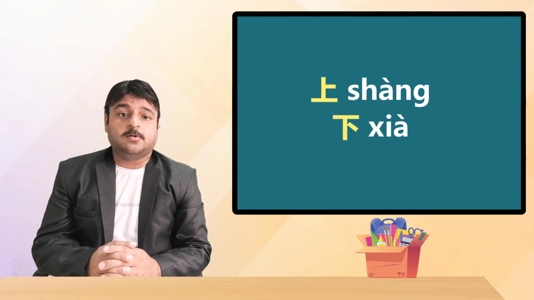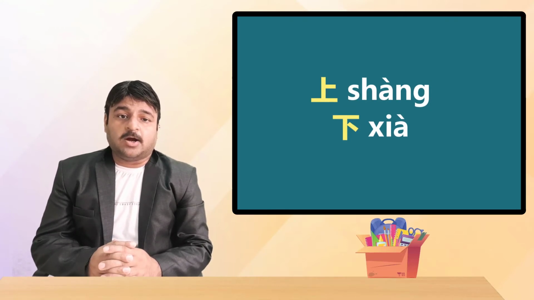For example, to come up, shang lai; to go down, xia lai. These are examples of compound directional complements which we are going to look at in this chapter.